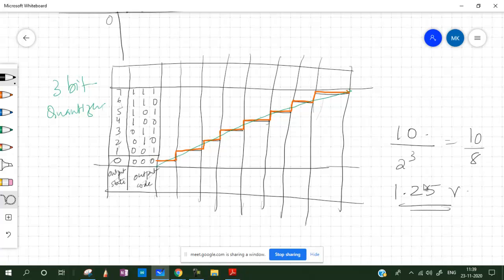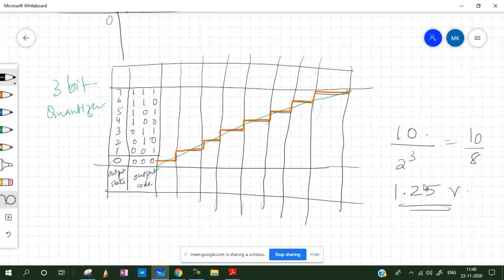That means each bit would give us a 1.25 level. So we have 1.25, 2.5, 3.75, 5, then 6.25, 7.5, 8.75, and then we go to 10.